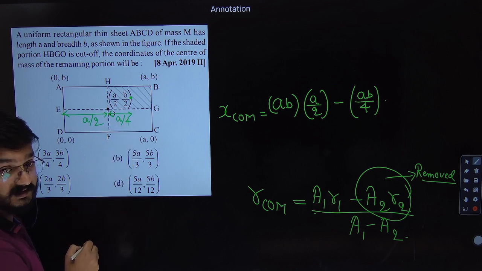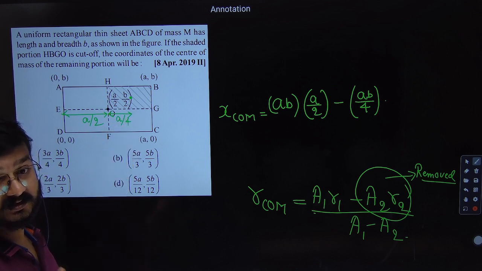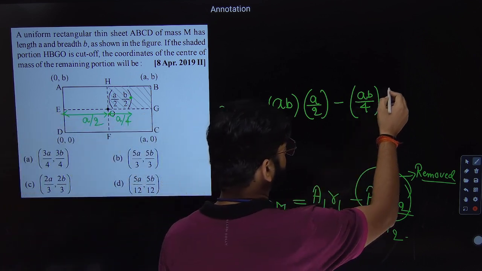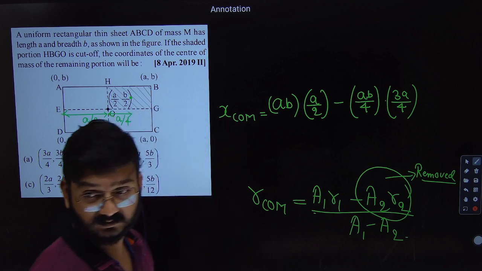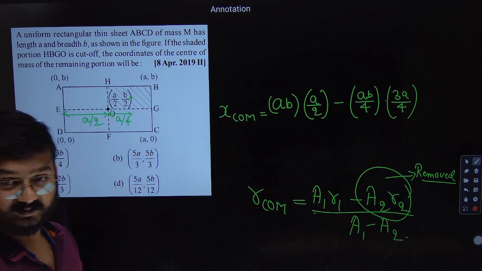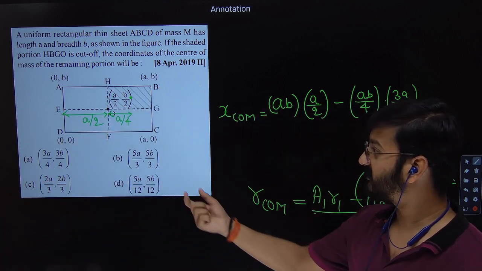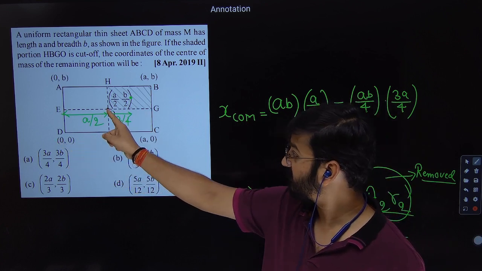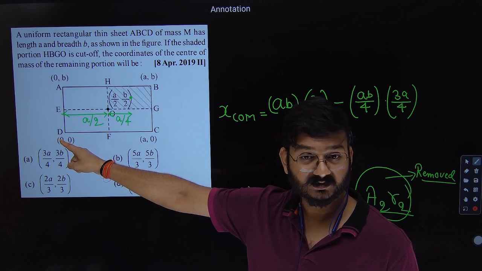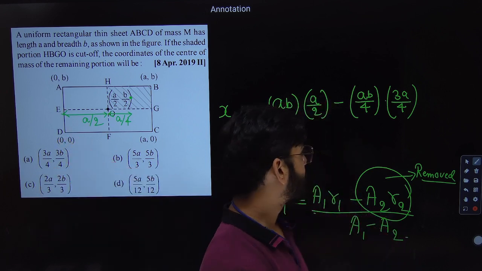What is A by 2 plus A by 4? 3A by 4. Any problem? The mistake we make is that we just take the distance from here. But the origin is here, it is marked. You will take the distance from this point or this point? Here. Okay, don't make that mistake.